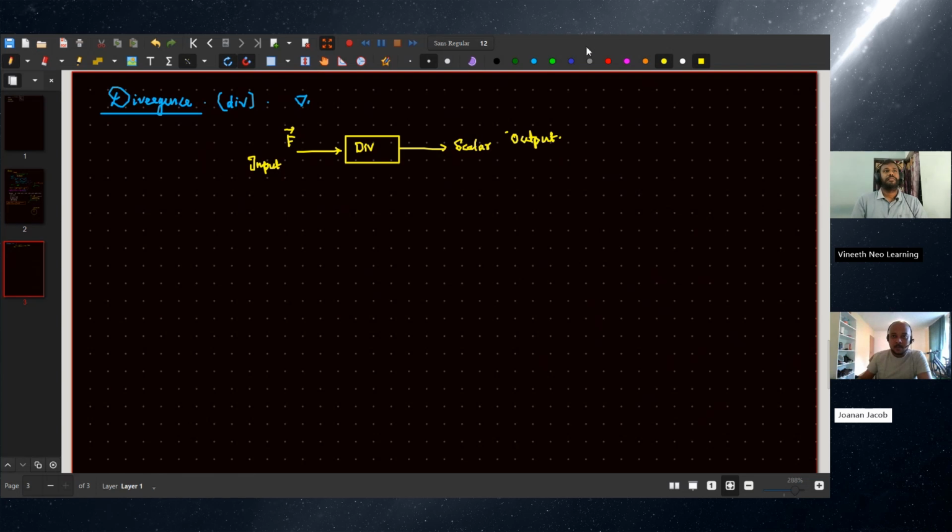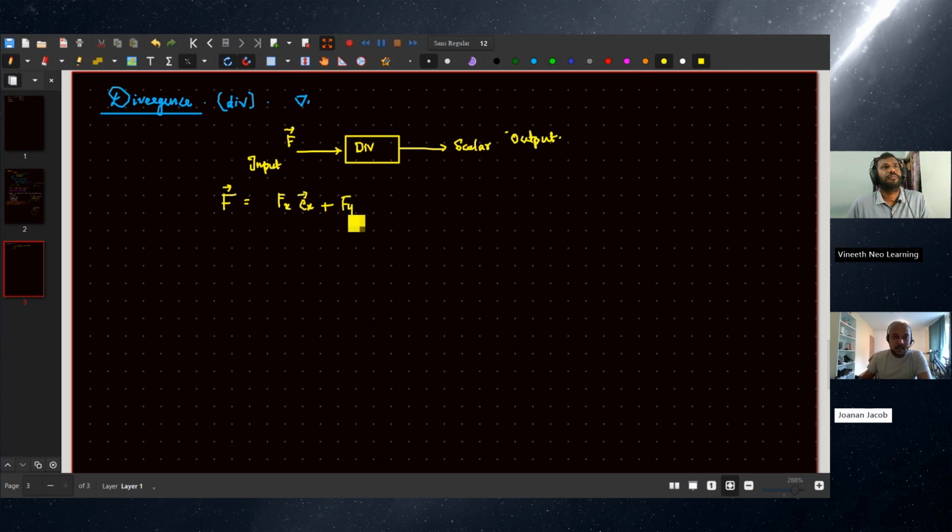Usually it is written, suppose you have a vector, let's call it F, F_x e_x plus F_y e_y plus F_z e_z, where F_x is the component in the x direction.